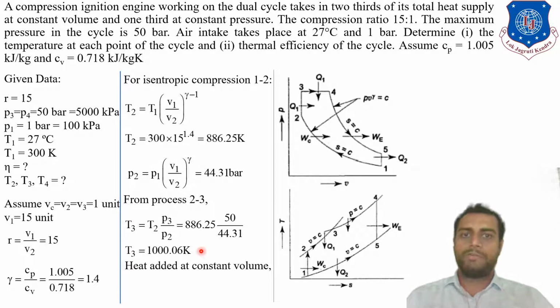For finding T4, we will use the correlation for process 3 to 4. If you pay attention, process 3 to 4 is nothing but constant pressure heat addition.